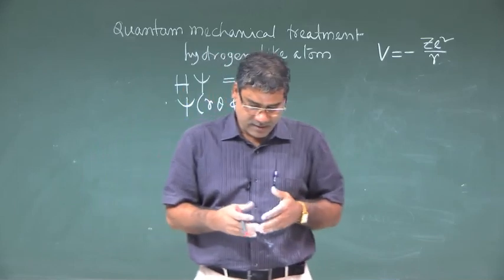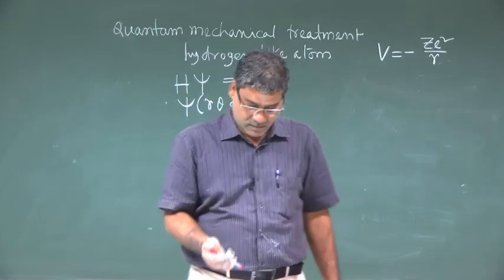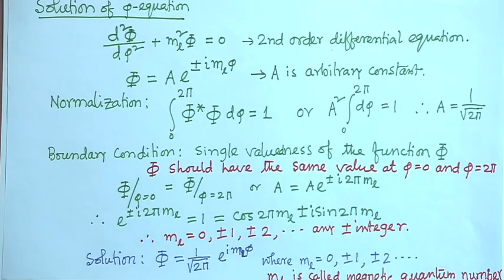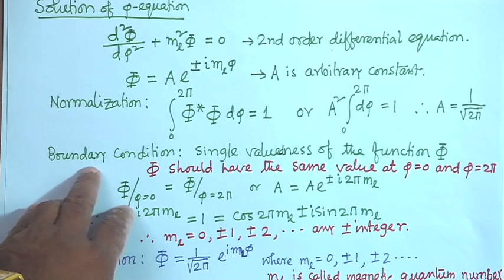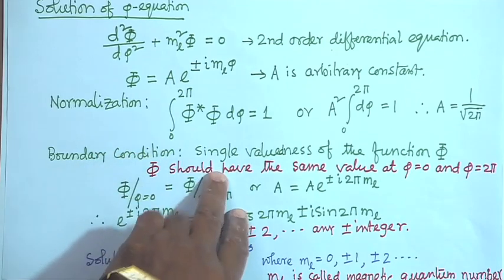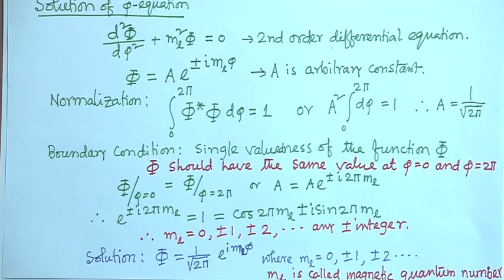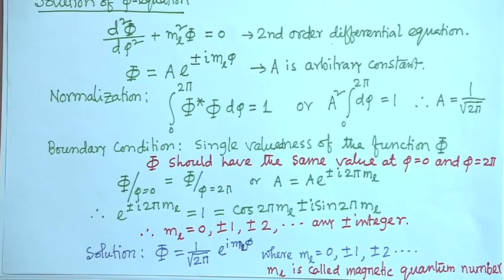So, in reality, this function phi has to be a single valued function. The boundary condition basically comes because of this requirement. Phi has to be single valued, meaning at one place, at one angle, it should have only one value.